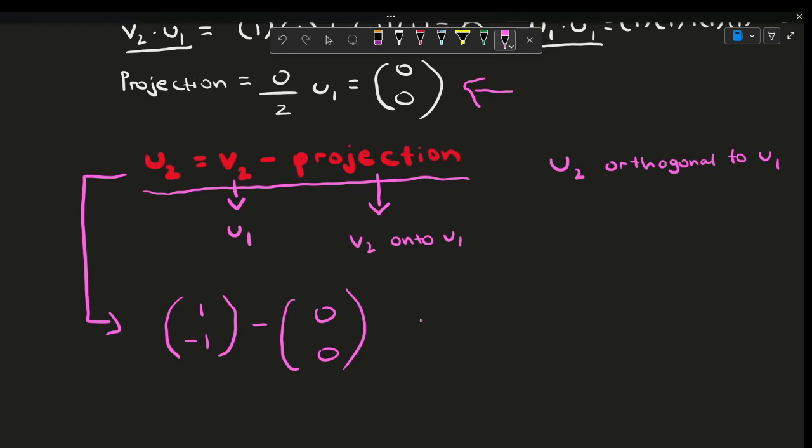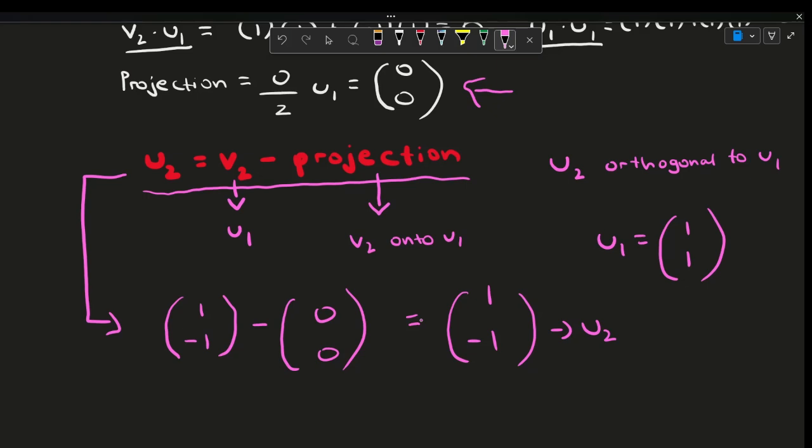So 1, negative 1 minus 0, 0 is just 1, negative 1. So we found u2 to be 1, negative 1, and we have our value of u1, which we didn't really find, we just set u1 equal to v1, which is 1, 1.